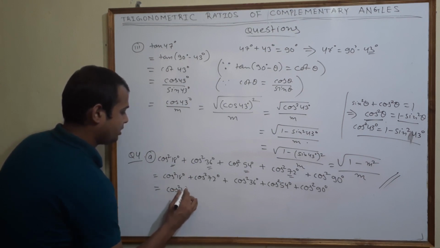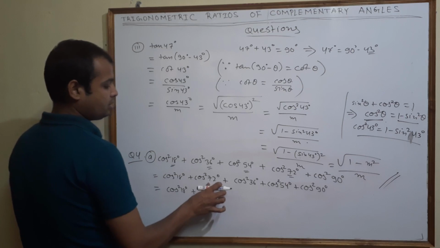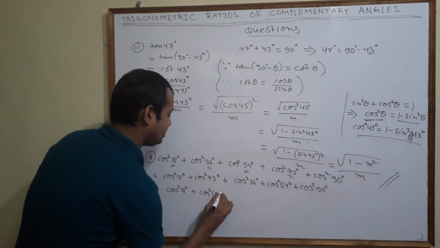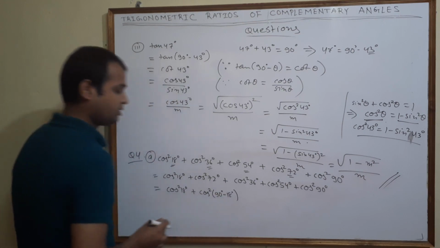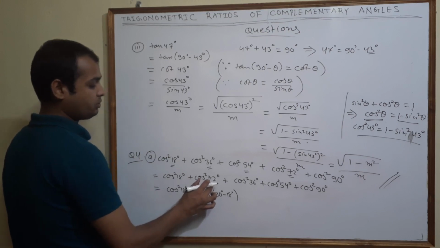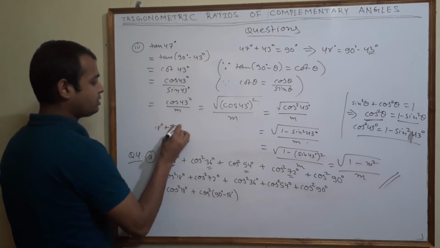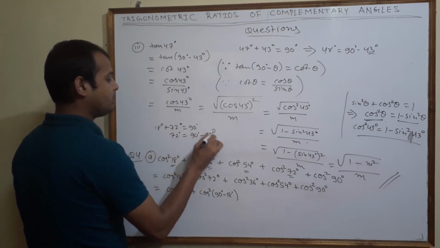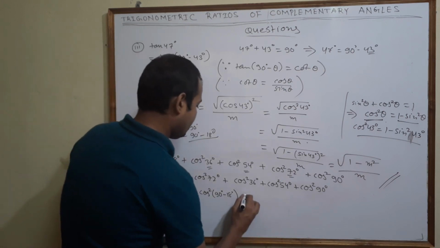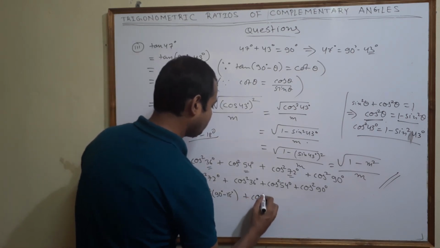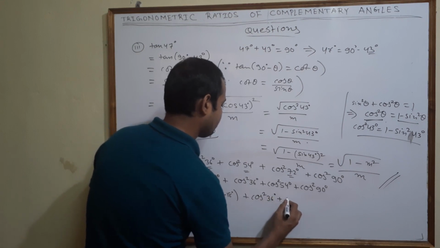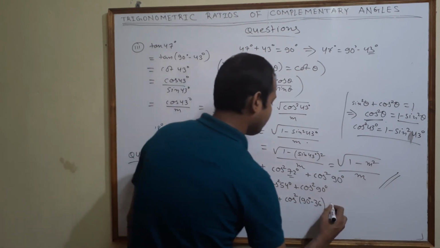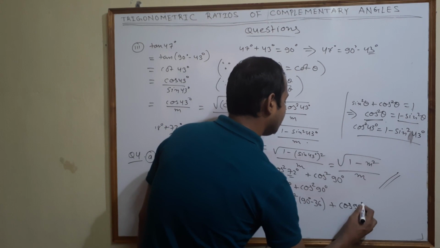Now, in cos square 18 degree plus cos square 72 degree, the 72 degree can be written as 90 degree minus 18 degree, because 18 and 72 are complementary. Next, the 54 can be written as 90 degree minus 36, plus cos 90 degree whole square.